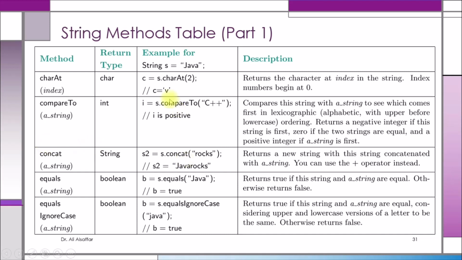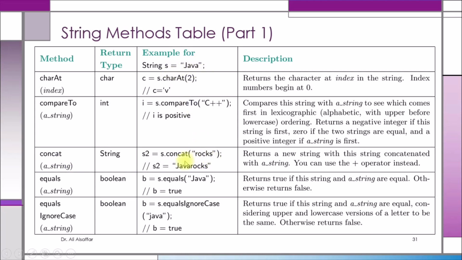As an example, if you have a string s equal Java, this is what is in s. Now when you write s.concat and you are given another string as input, you have another string. So in s we have Java and we are given input Rux.